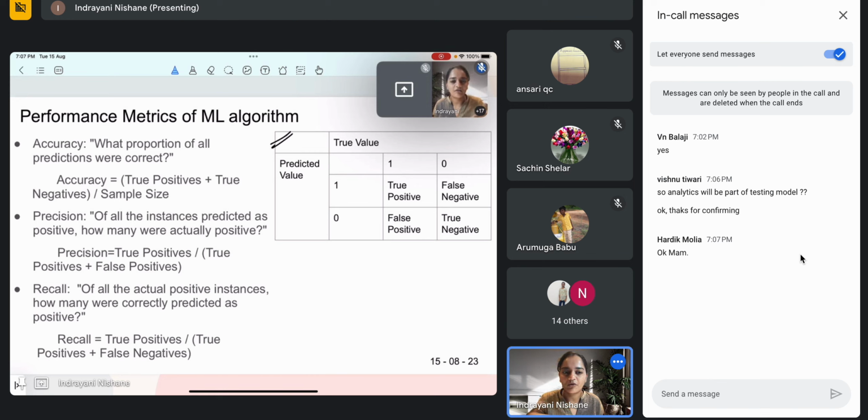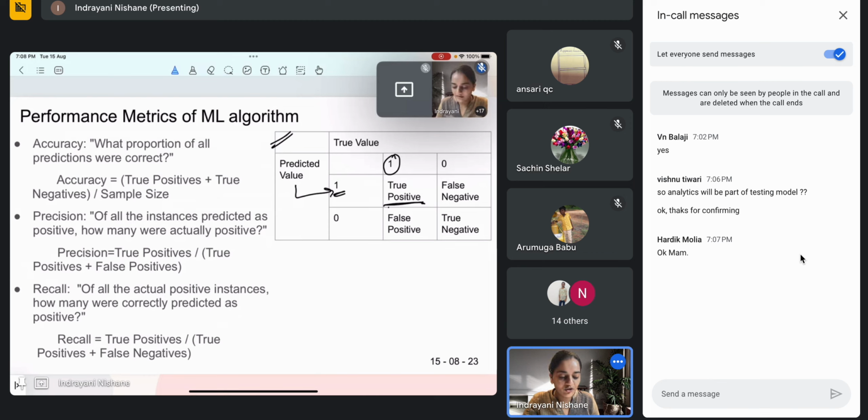From now onwards, whenever I am talking about a prediction algorithm, it is either true or false. Just two things: probability of correct prediction and probability of false prediction. So if the true value is 1 and our algorithm is predicting 1, the number of true values correctly predicted as 1 is called true positive.